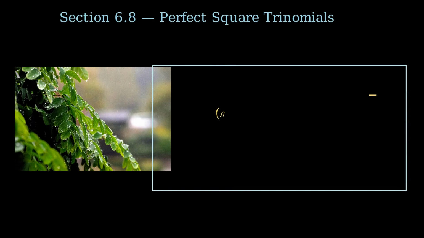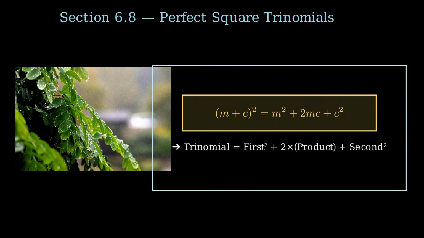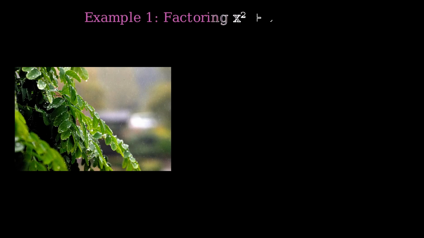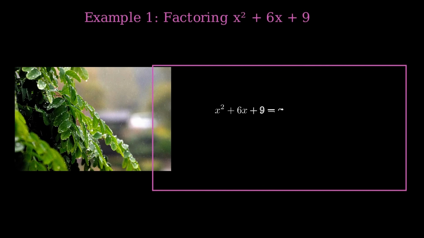The square of a binomial results in a perfect square trinomial. The pattern states that (m + c) squared equals m squared plus 2mc plus c squared. Let's see how this structure behaves. Let's factor the perfect square trinomial x squared plus 6x plus 9.